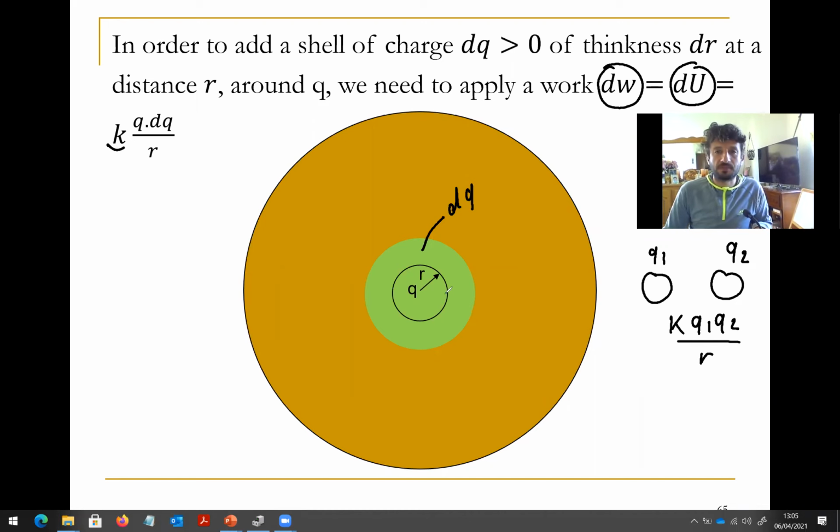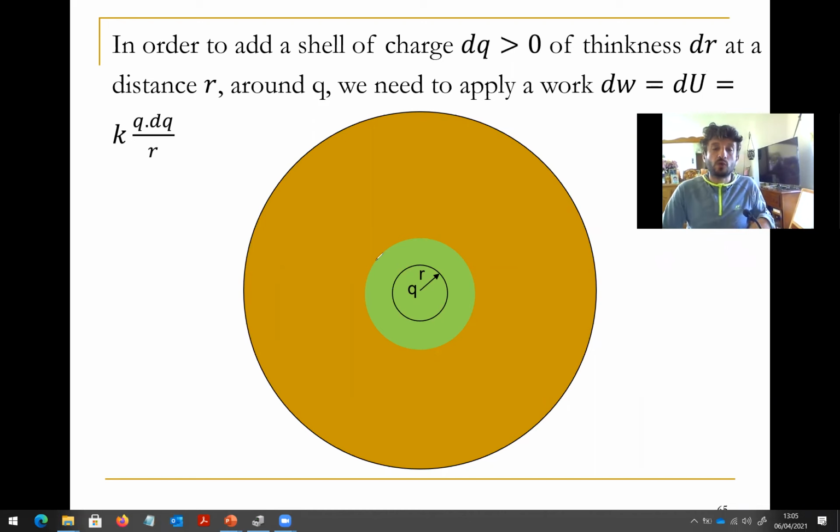Now, to calculate the total energy to bring another shell, bigger and bigger, to cover the entire shape of the nucleus, we can do the integration of dW, or dU, and integrate this value. To cover everything, we can add another shell like this to arrive at the final shape of the nucleus.